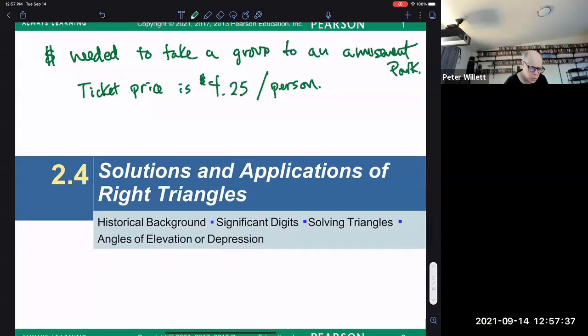Then let's say we're going to say, well, how many people are we going to take? And then we'll figure out how much money we think we'll need. And so then let's say that a person says, we don't know exactly how many we're going to take, but round it off to the nearest 10 people, or we're going to have about 20 people.